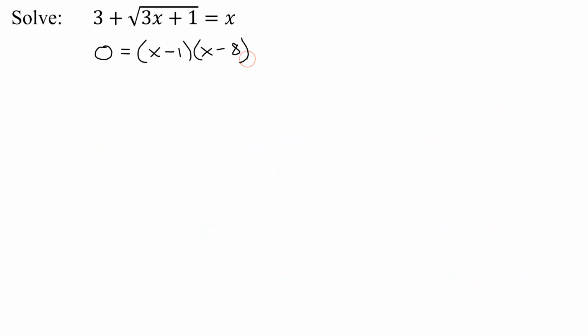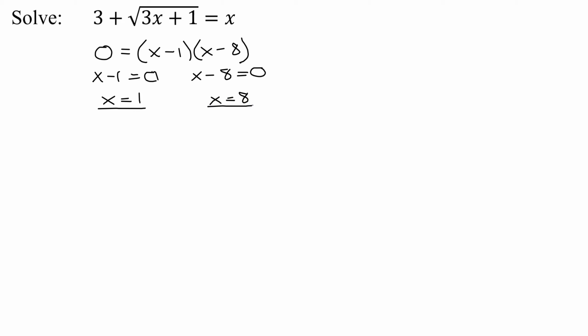I'd factored it. So two factors multiplied together equals 0. You set each of them equal to 0. So I have x minus 1 equals 0 and x minus 8 equals 0. Add 1 to both sides here, I get x equals 1. Add 8 to both sides here, I get x equals 8.